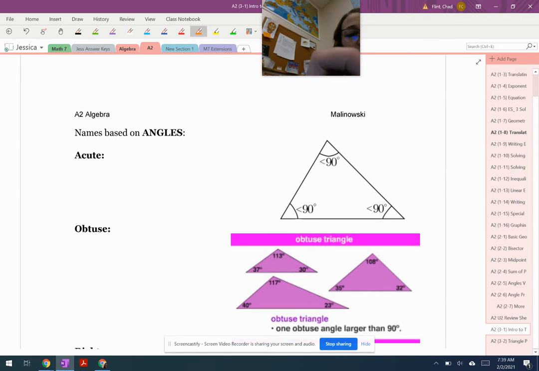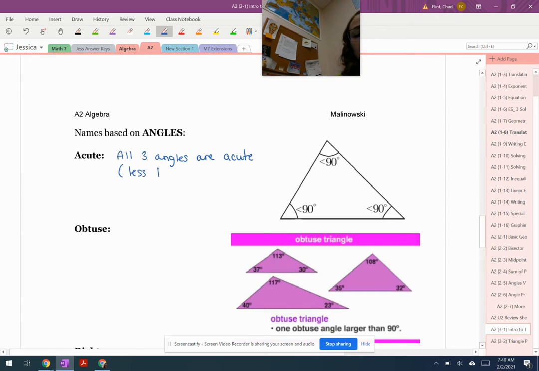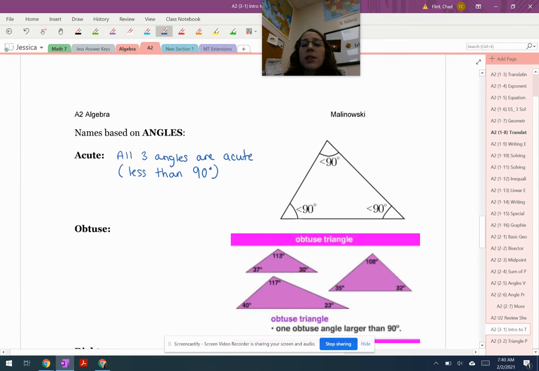Yes, I had to think about that just to make sure. So in an acute triangle, all three angles are acute, which means less than 90. Which makes sense based on the picture that we have here.